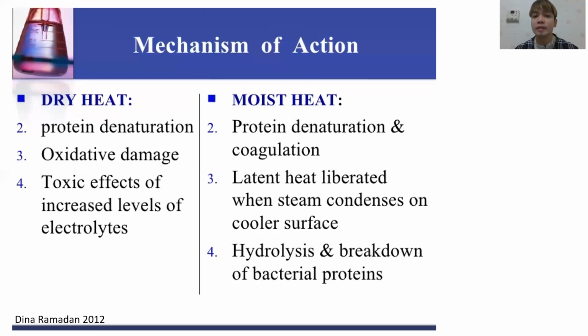However, in moist heat, there is also increase of coagulation, and the most important thing, since there is presence of water, hydrolysis, and we break down proteins and other biomolecules dun sa microbes by hydrolysis, so the power of water. Okay. And latent heat liberate when the steam condense on a cooler surface.